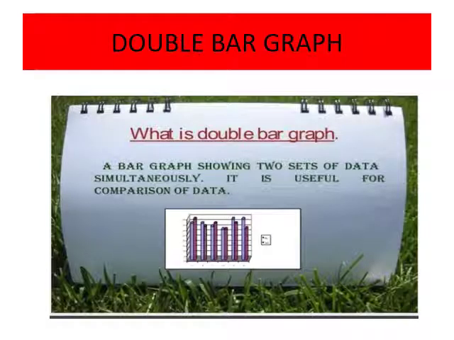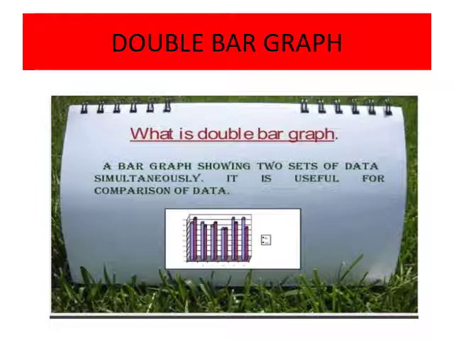So first, double bar graph. Children, you all know how to draw a bar graph, that we have already discussed in our previous lecture of data handling part 2. Same is the procedure of double bar graph. But in a double bar graph, two observations are taken together.